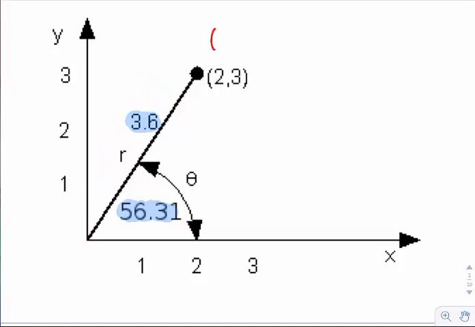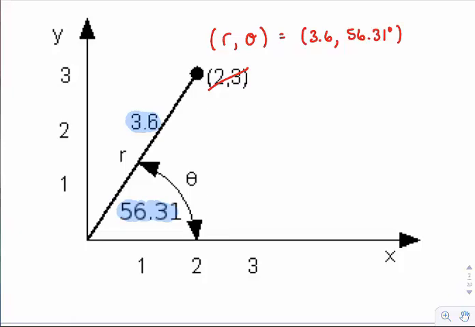The way this would be written, instead of using the rectangular form, which is equivalent to it, is (r, theta). So in this scenario, we would say 3.6 and then 56.31 degrees. So that's basically what polar coordinates are and what they look like.